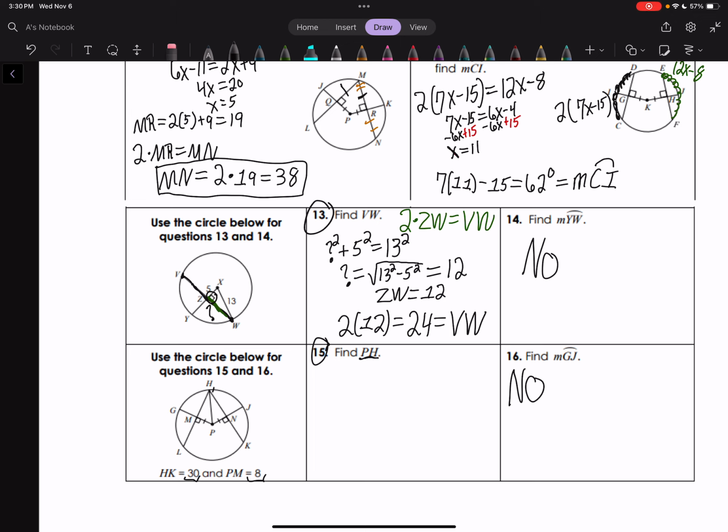So I'm looking for this length. It gives me H to K is equal to 30, and it gives me P to M is equal to 8.